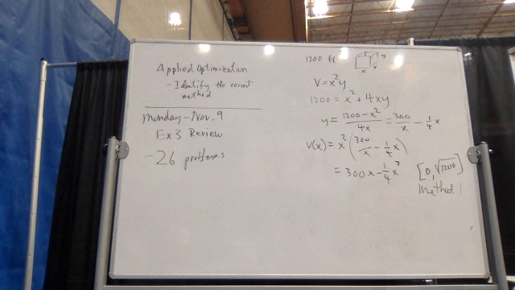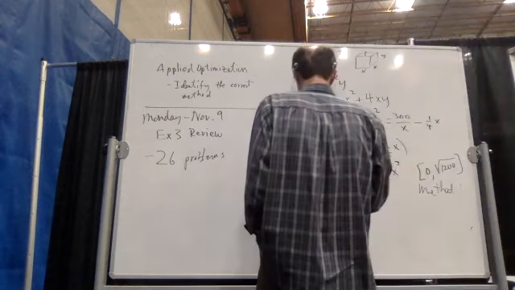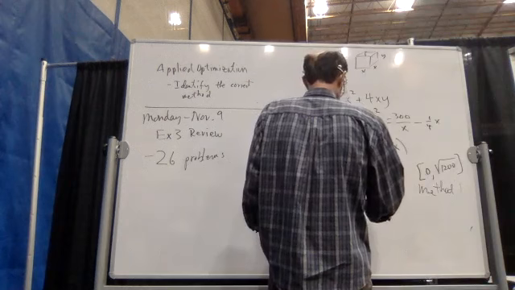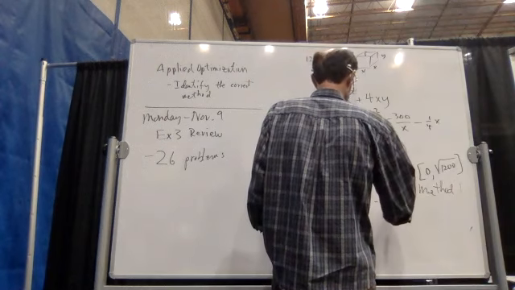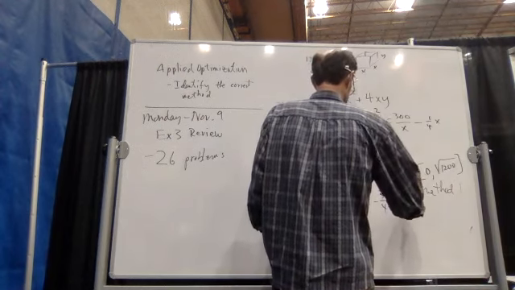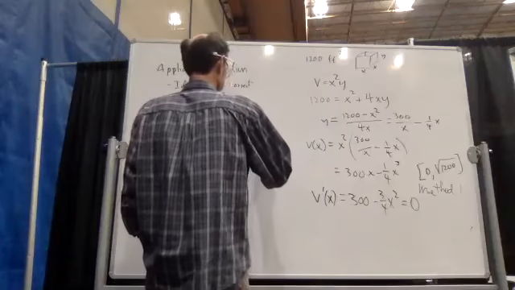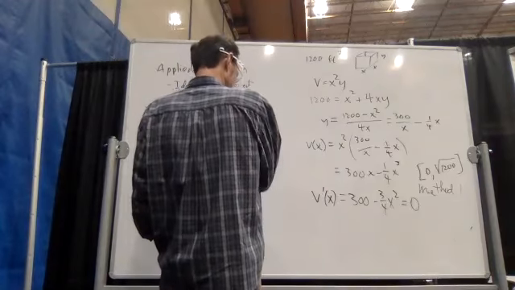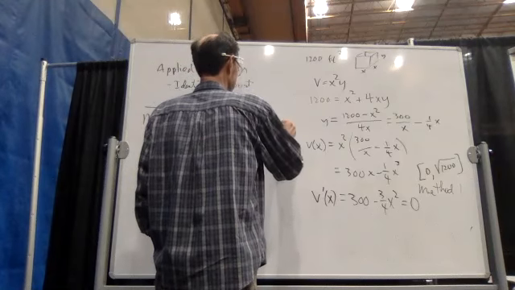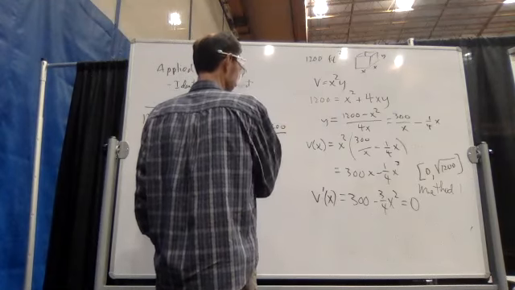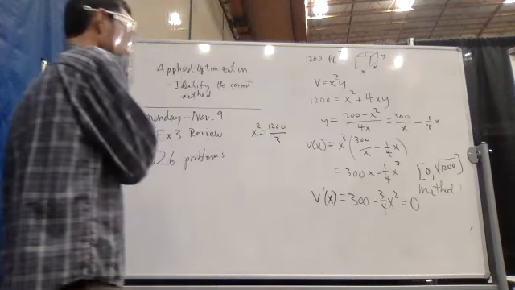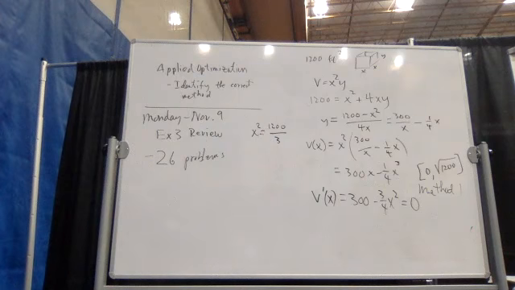All right, the derivative. It's a polynomial, so nice and easy. 300 minus 3/4 X squared. Set it equal to 0. 1,200 thirds. So you see that?